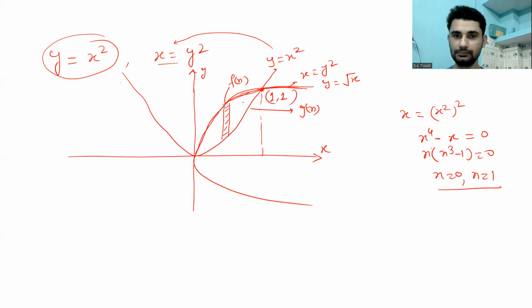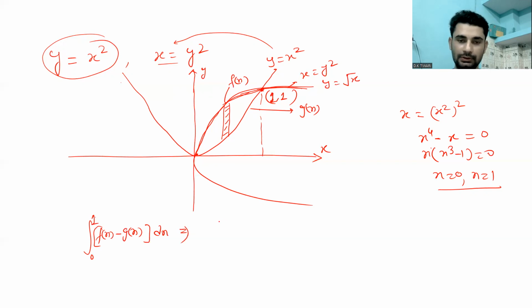Okay. So what is the area now? Area is f(x) minus g(x) dx, and x varies from x equal to 0 to x equal to a. This strip varies from x equal to 0 to x equal to a. A means x equal to 1 in this case.